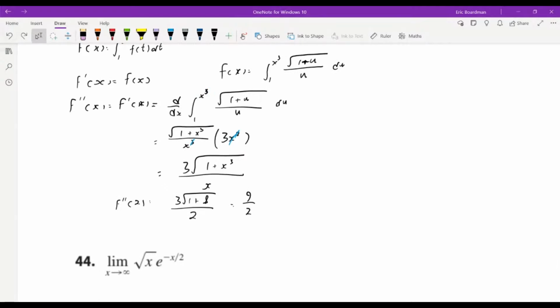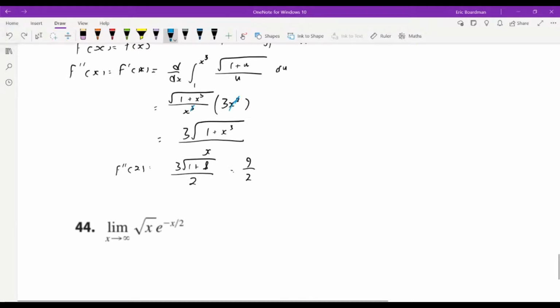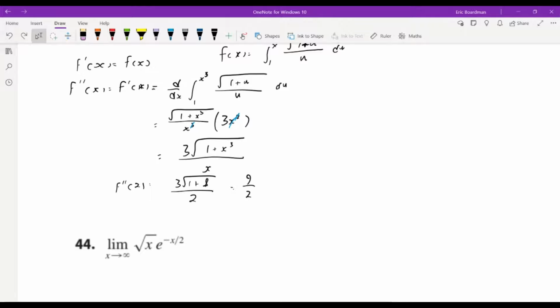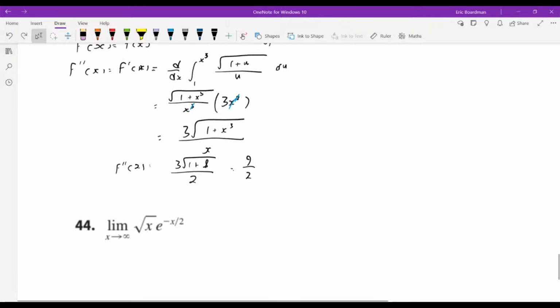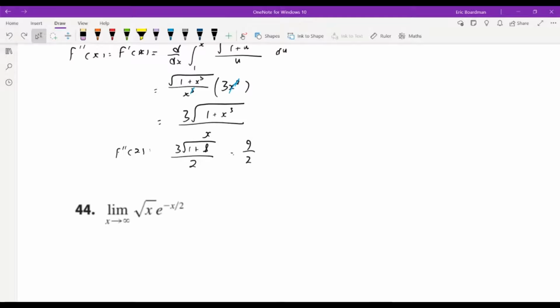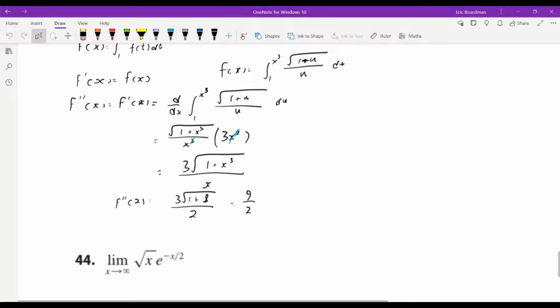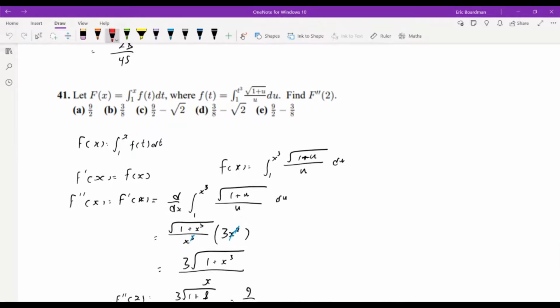And then these x squareds cancel with one of the x squareds in the denominator, leaving just x to the first power. So we have 3 times the square root of 1 plus x cubed over x, and we want to find that at x equals 2. So that's 3 times the square root of 1 plus 2 cubed, which is 8, so 1 plus 8 is 9, square root of 9 is 3, 3 times 3 is 9, and that's all divided by 2, so it's 9 halves. So that should be A.